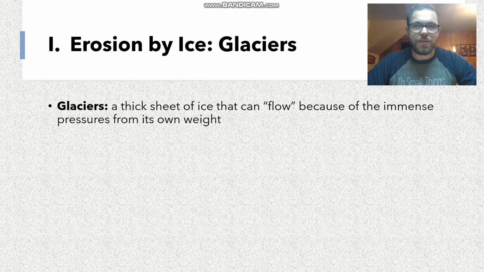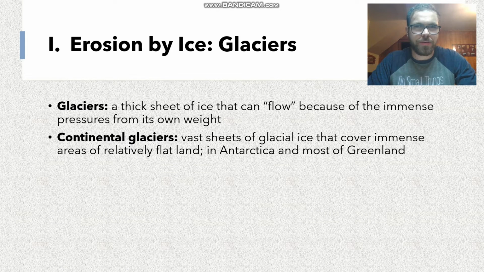And when ice is put under immense amounts of pressure, it kind of becomes a little bit of a liquid almost, and it can kind of flow a little bit like a river maybe, but it's obviously not a liquid. I don't know how more to explain it, but it does.